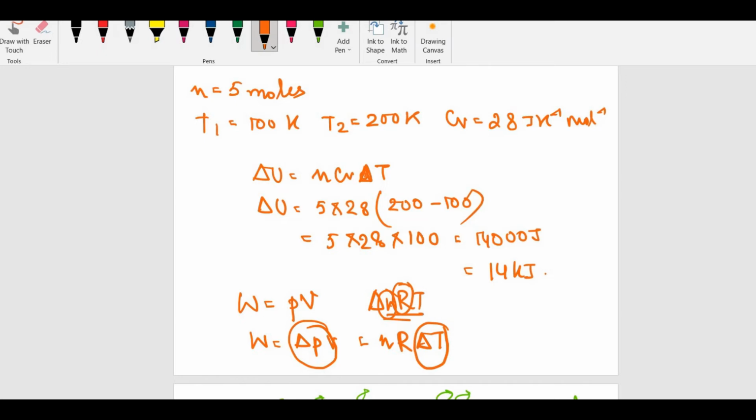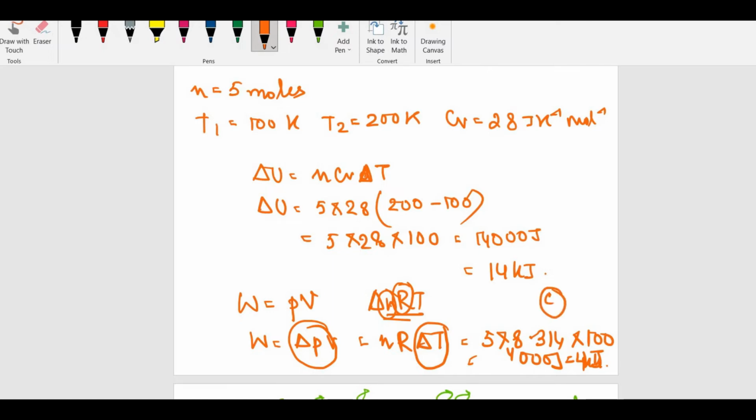Now, 5 into 8.314 into delta T, which is 200 minus 100, making it 100. So the answer would be 4000 joule, or 4 kilojoule. Now your option matches 4 kilojoule, option C.